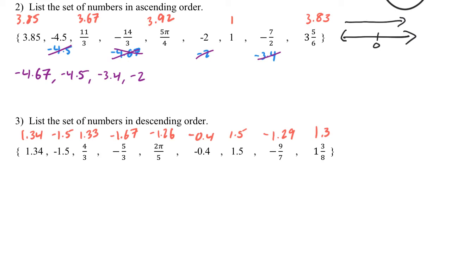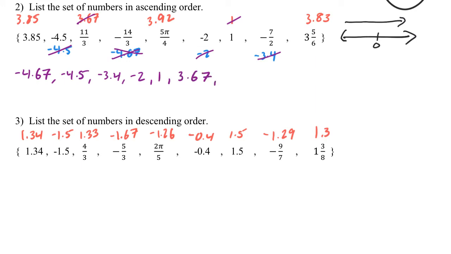Okay, so this is where things start to get a little bit more normal, right? So if you're thinking about 0, now we're just counting up. So the first number we'd get to would be 1. All right, and now we're all 3 point something. So we want to look at that number after the decimal point to clue us in to what's going to come next. So we would next have 3.67.